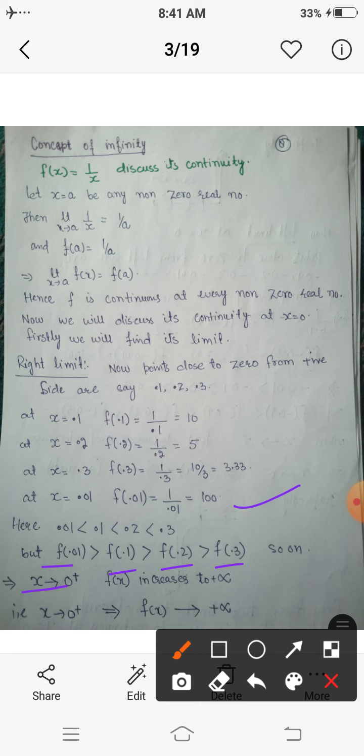So f of x increases and increases more rapidly, so we can simply say that f of x increases up to infinity, that is, its value increases very rapidly. So this means that when x tends to 0 positive, f of x approaches plus infinity.